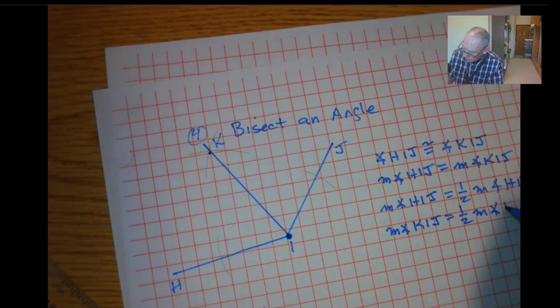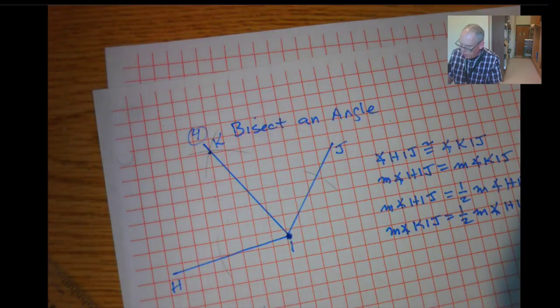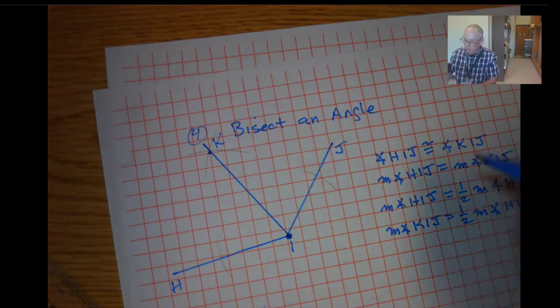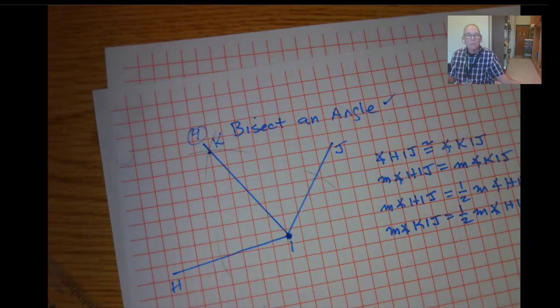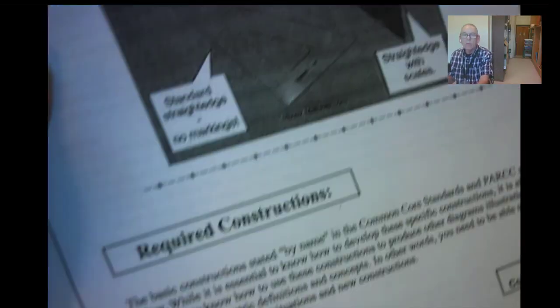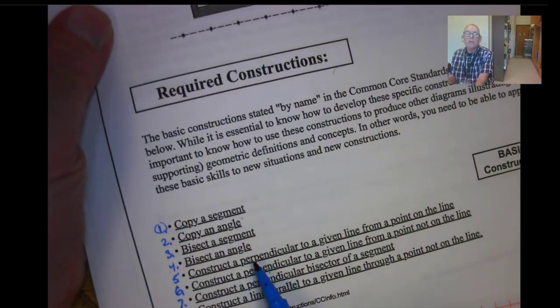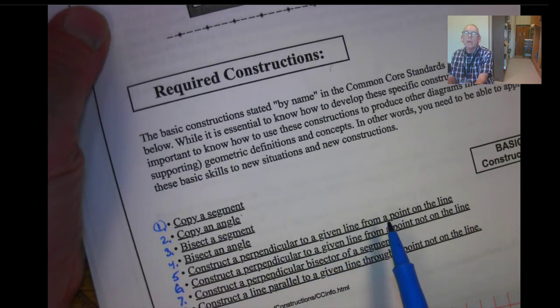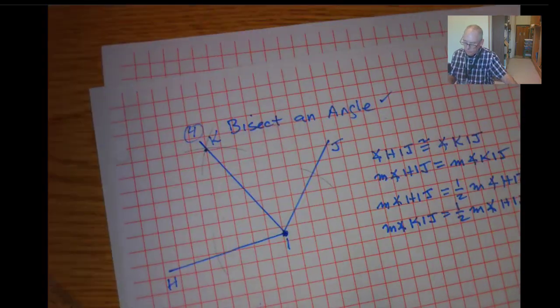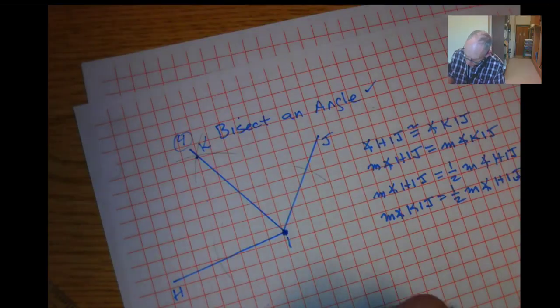So we'll look at our next construction, number 5. Number 5 is construct a perpendicular to a given line from a point not on the line.